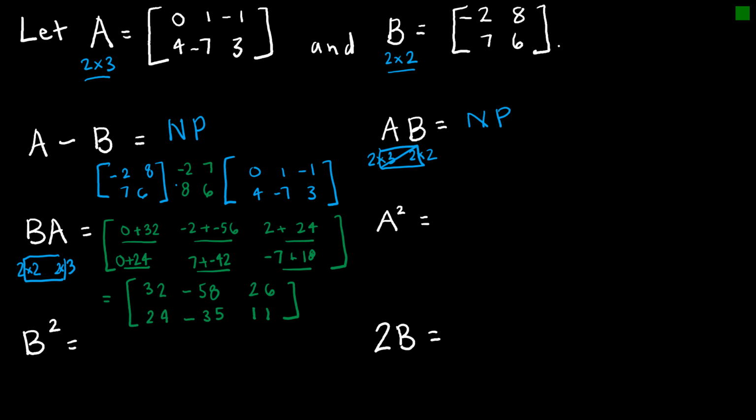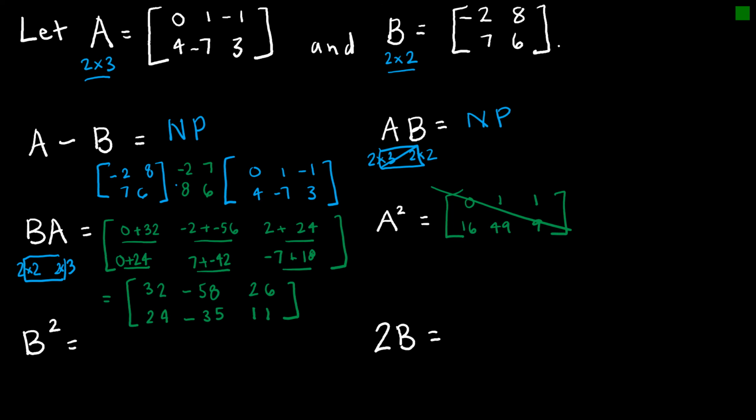Now let's look at A squared. We haven't really talked about what happens when we square. Some people would take A and say 0 squared is 0, and 1 squared is 1, and negative 1 squared is 1, and 4 squared is 16, and 49 and 9, and there you go. And that is absolutely not the case.